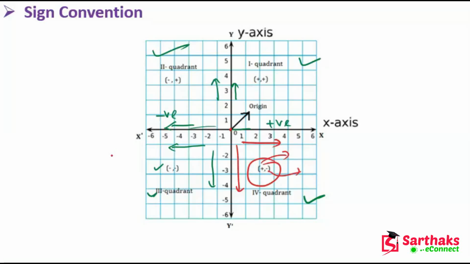So in the first quadrant, the coordinates are positive, meaning the x coordinate is positive and the y coordinate is also positive.